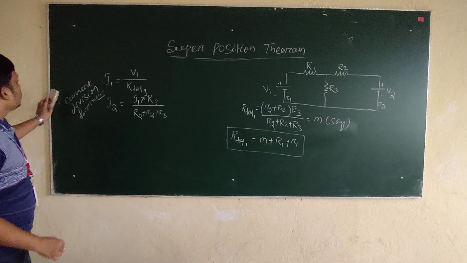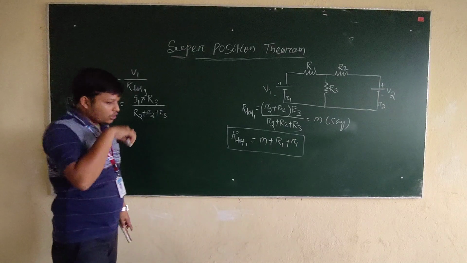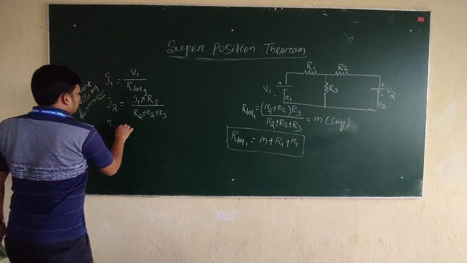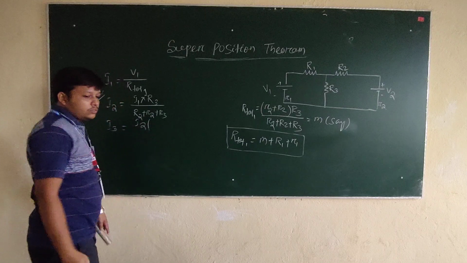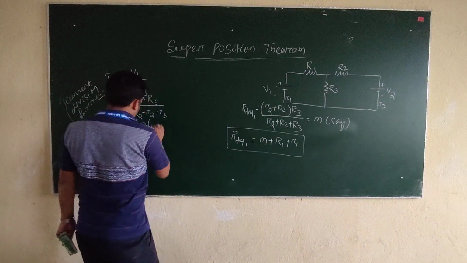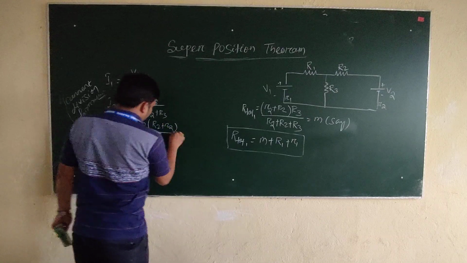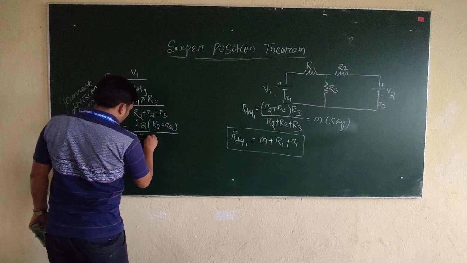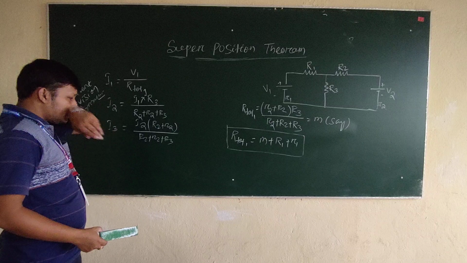We will consider this current division formula later on in another video. Then I3 is equal to I2 into R2 plus R2 divided by R2 plus R2 plus R3.